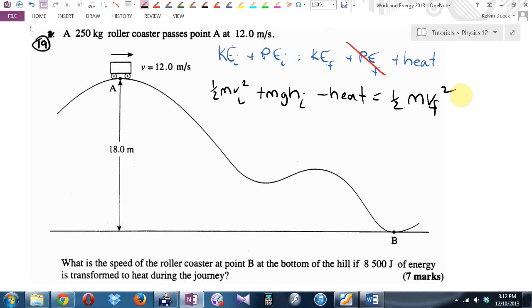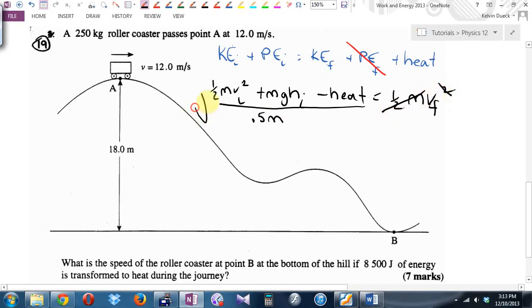The m's don't cancel this time because sadly there's no mass in heat. And then how to get rid of the squared? I'd probably do this in separate steps because it's a lot to type in one fell swoop. I'll say, okay, divide by 0.5 m, cross that out, so there's my equation.